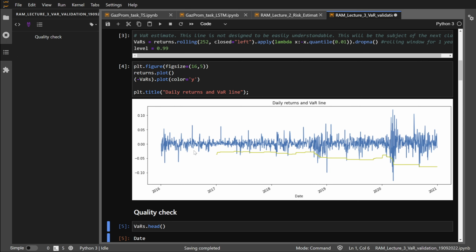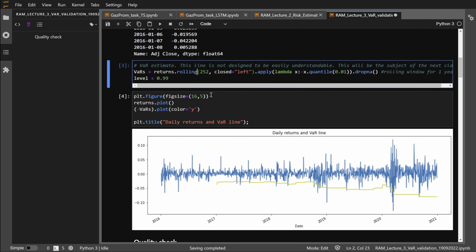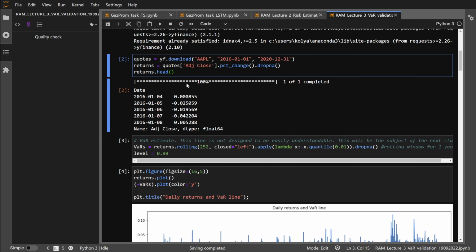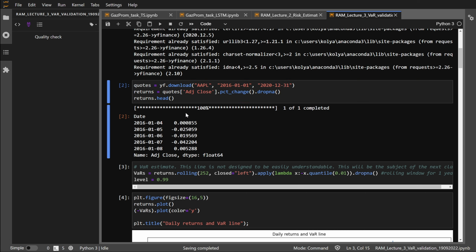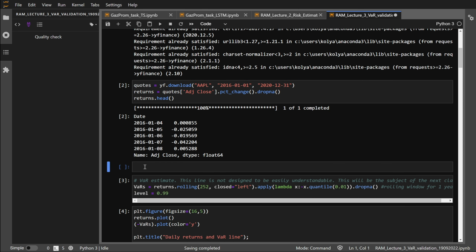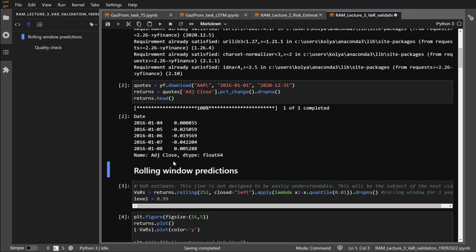That means that the probability of observing a day when actual losses are more severe than expected by value at risk is 1%. So there is a probability to observe critical days, and it's okay to observe them.